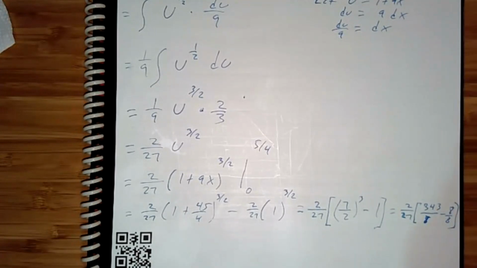Anyway, we're just playing with numbers at this point. Should be 335 over 108. Looks like we're almost there.